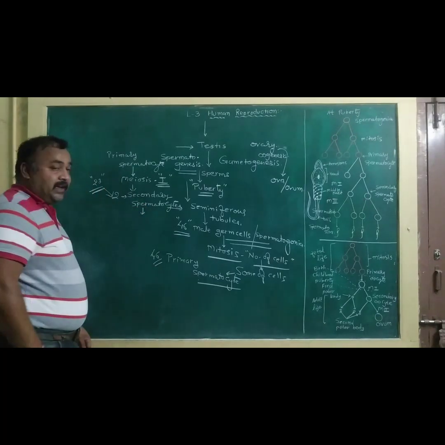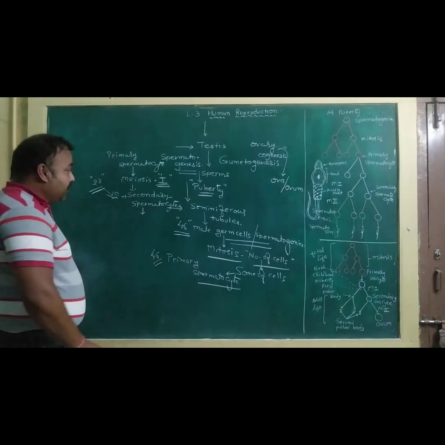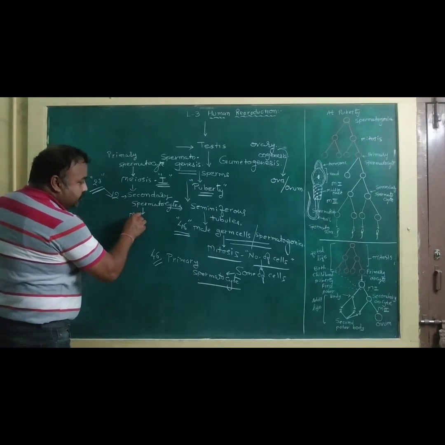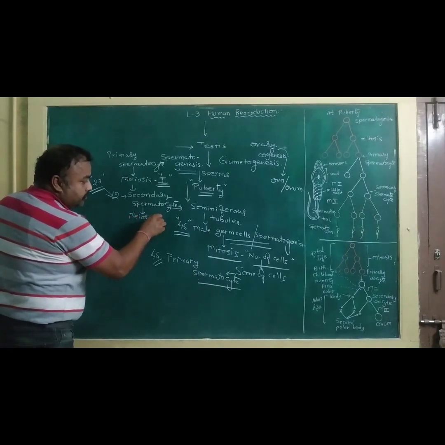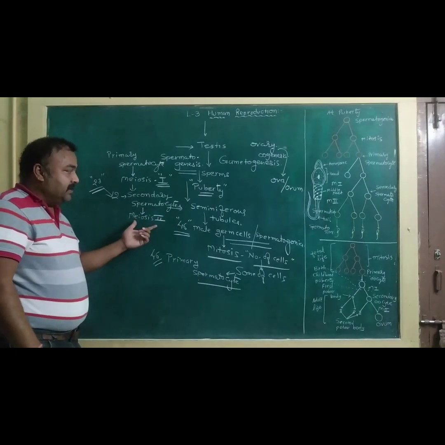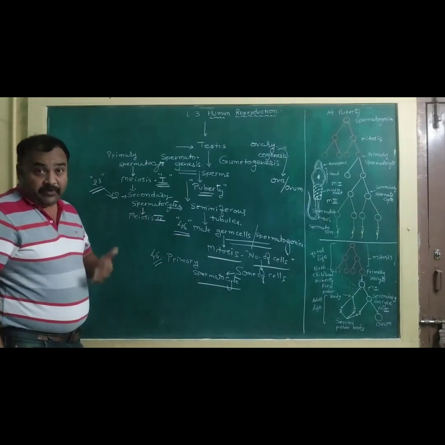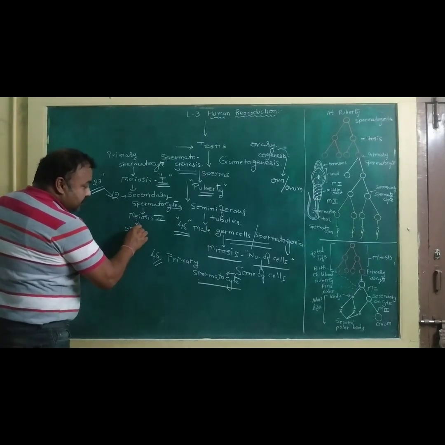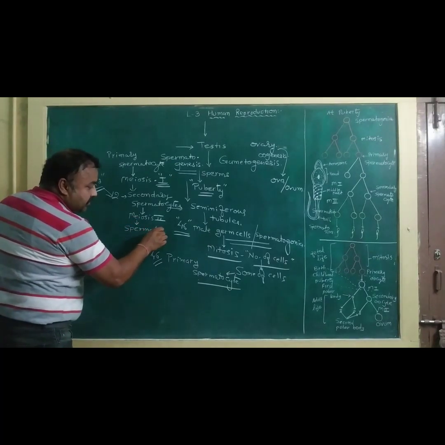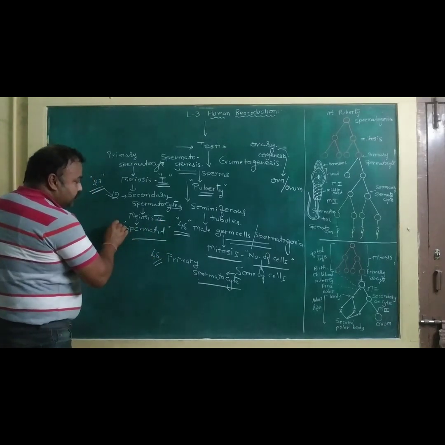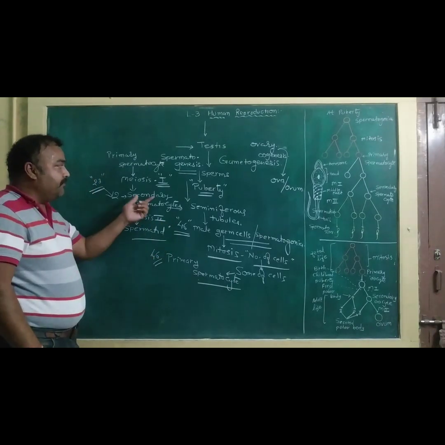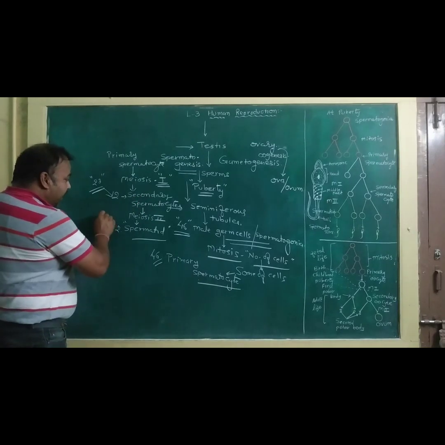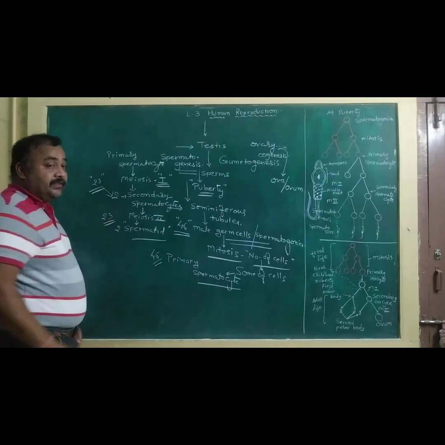Secondary spermatocyte again undergoes meiosis 2, which is equivalent to mitosis, we know that, and as a result spermatids will be produced. 2 spermatids will be produced from every secondary spermatocyte, and that will contain 23 chromosomes.